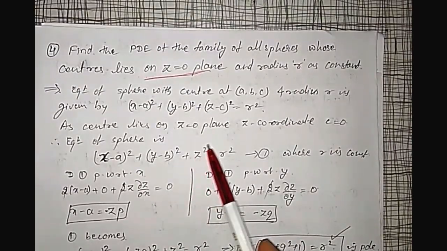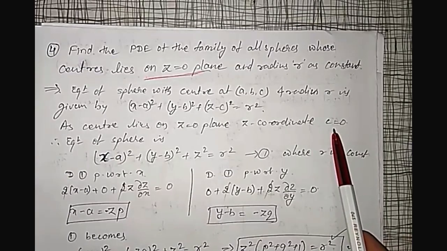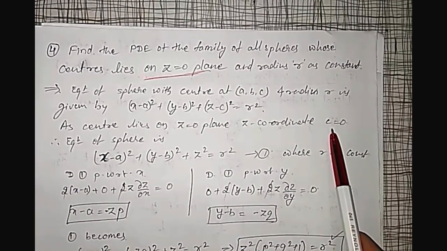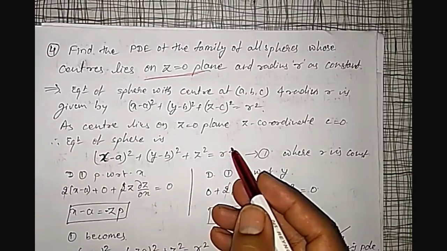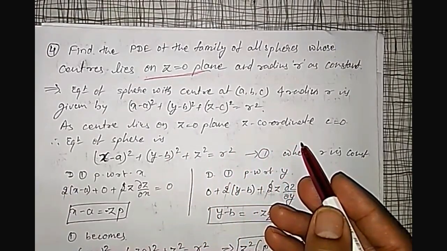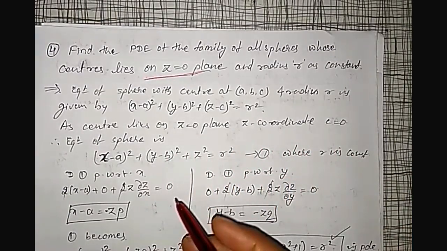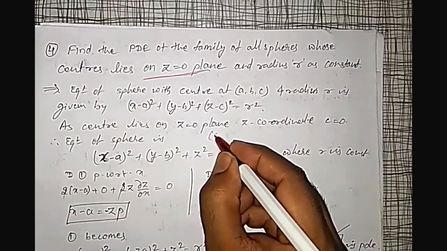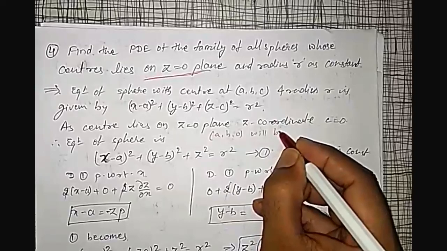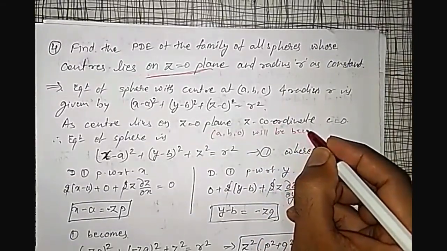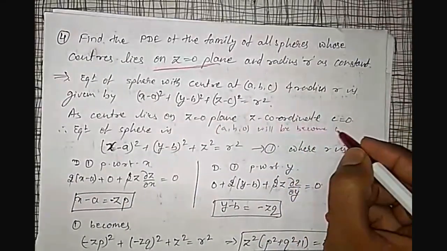On that plane the z coordinate c will be 0. Therefore the center lies on the plane, that is the z coordinate is 0, then (a, b, 0) will become our center.